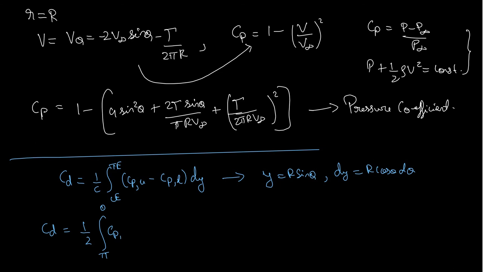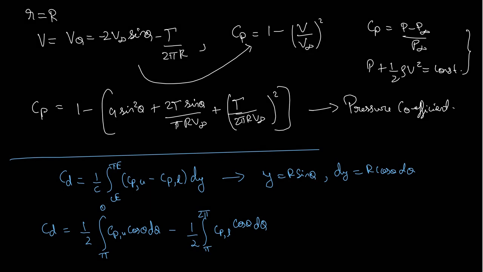Cp upper surface cos theta d theta minus half integral pi to 2 pi Cp lower surface cos theta d theta. Now we can see that the expression for Cp that we have got here, the pressure coefficient, is independent of whether it's the lower surface or the upper surface.